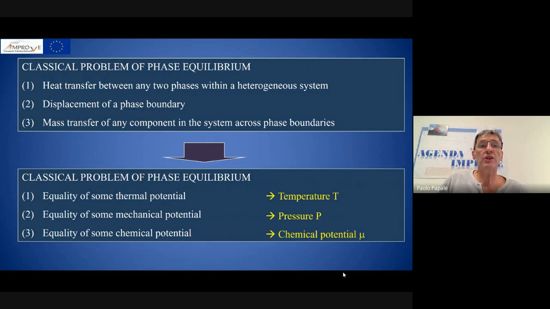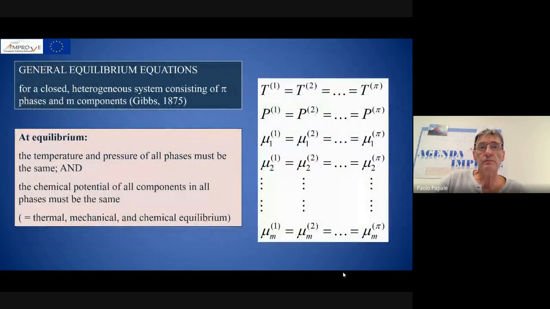For the chemical potential governing chemical equilibrium, our predecessors have been less creative and have referred to it as simply the chemical potential, usually indicated with the Greek letter mu. In summary, for a system made of different phases to be at equilibrium, we need that the pressure in all phases, the temperature in all phases, and the chemical potential in all phases be the same.